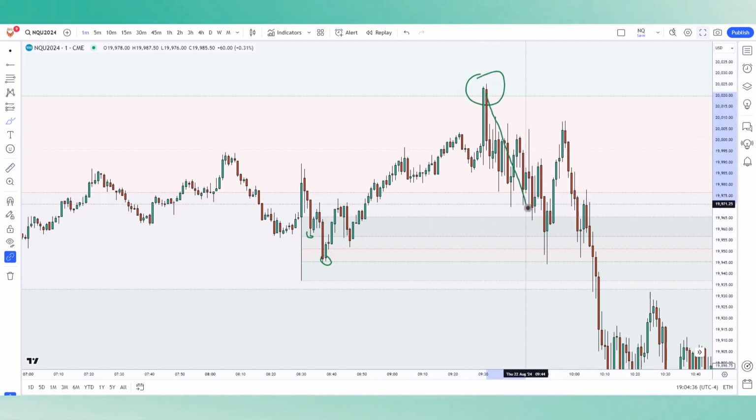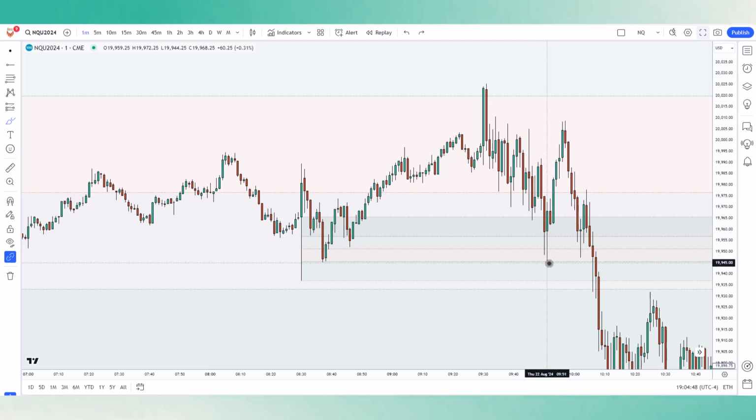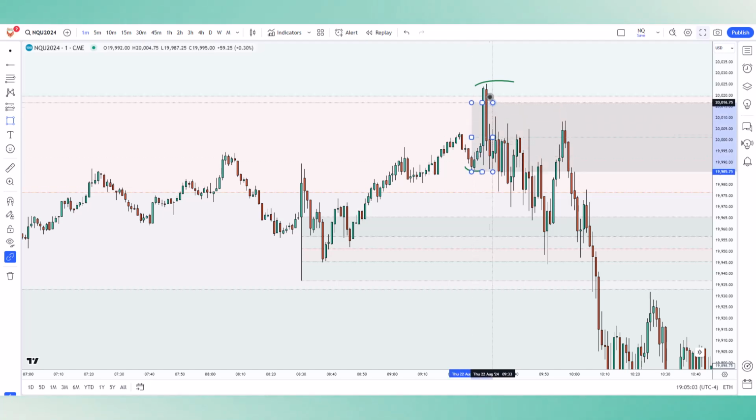And then we had all of this drop, and since this was mitigated, taking it slow and wicking means that we have a little bit more probability that we're going to take this low. What happened, price came exactly at the 50% of this zone created at the opening, right?